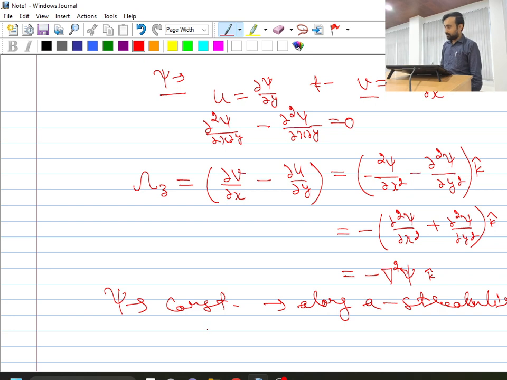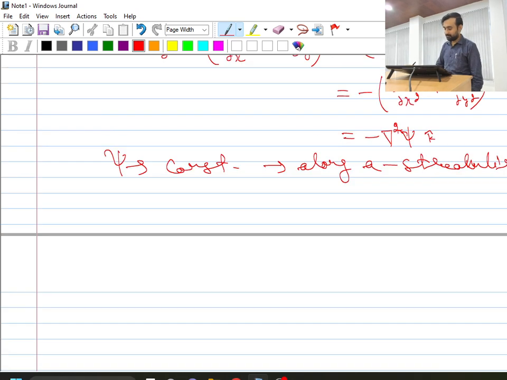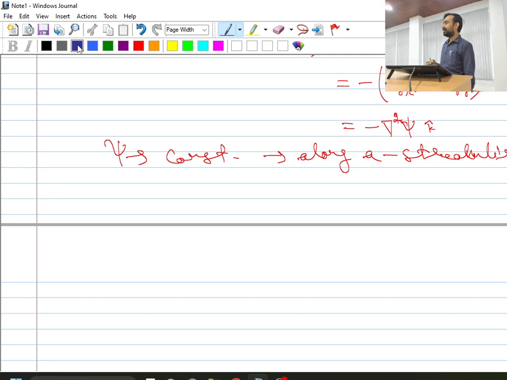So we know the equation of a streamline. Please tell me, what is the equation of a streamline? Dx by u equal to dy by v, for 2D flow it will be this one.